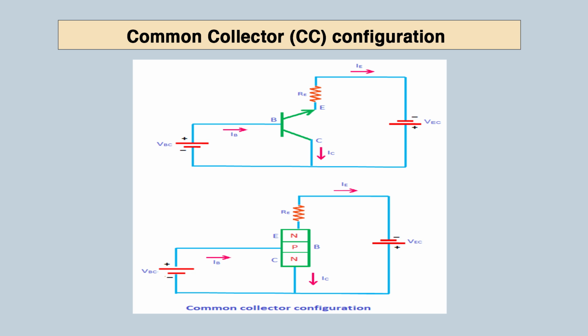In common collector configuration, output is taken between VEC and IE, that is the emitter current and the voltage between emitter and collector. These curves represent the output characteristics of a common collector configuration.